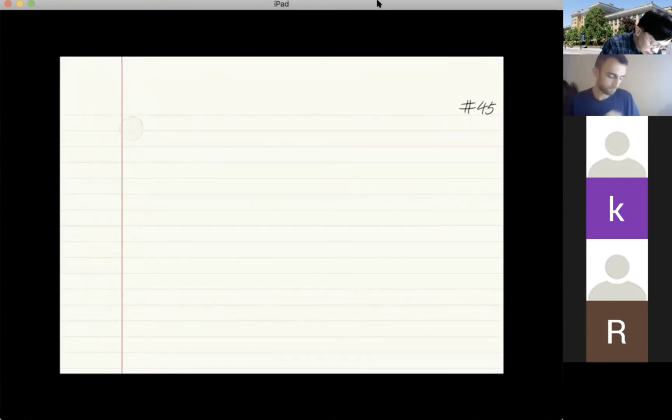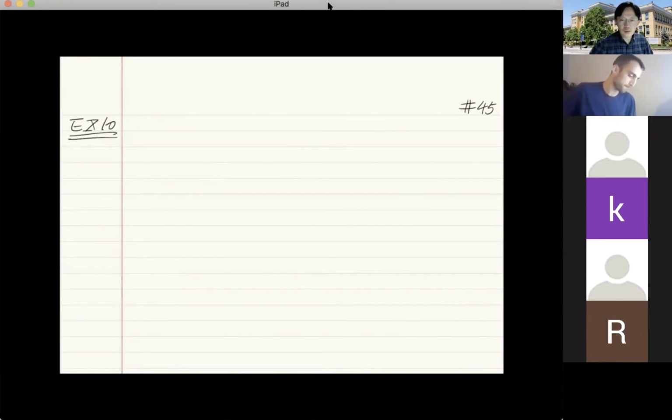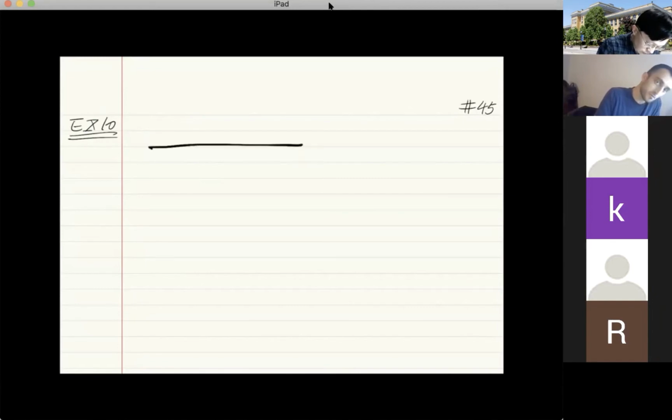So what is this example? This example is a simply supported beam subjected to uniformly distributed lateral loading. That means we have a structure like this.